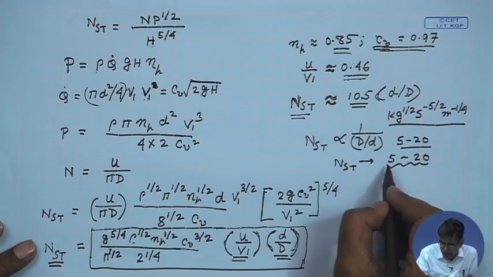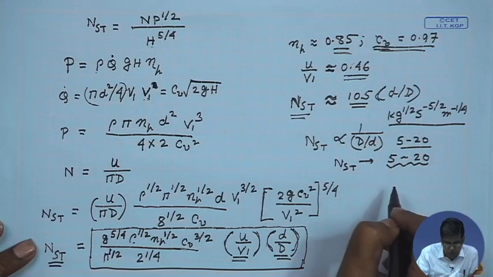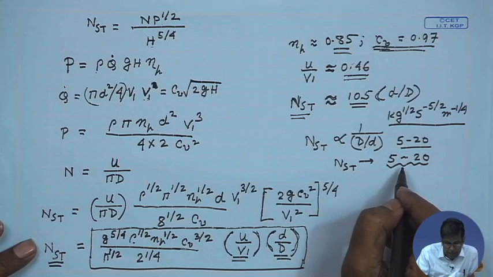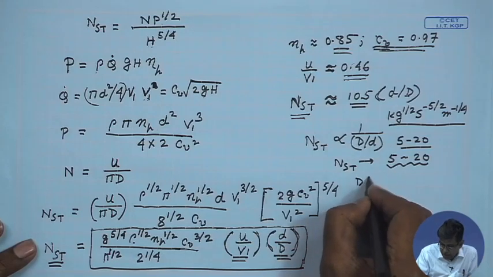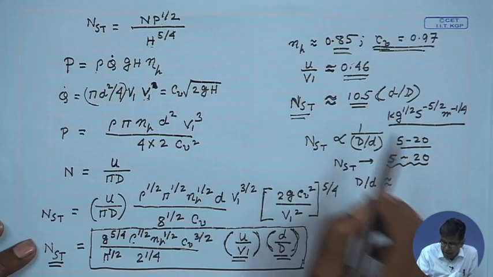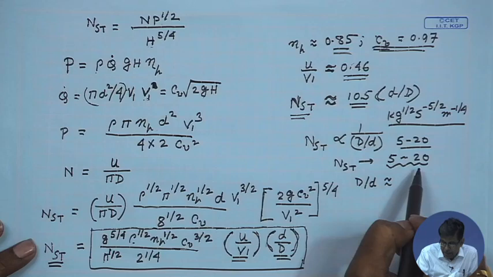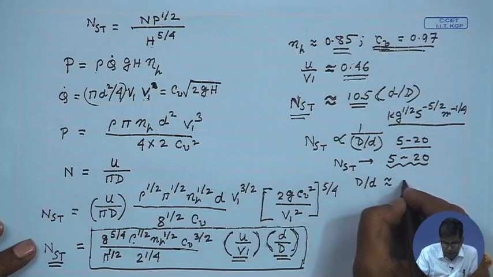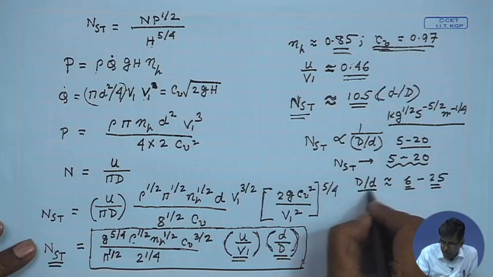With a smaller number of jets, this value is between 5 to 20. And if you take this value from 5 to 20, the value of D by d becomes, from this expression, 105 by 5 or by 20. That means something like roughly 5 or 6 to 25. This is the value of D by d.